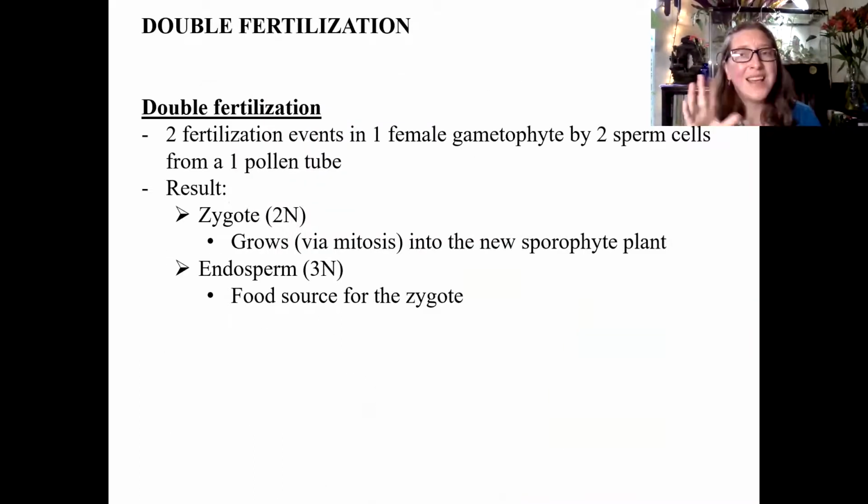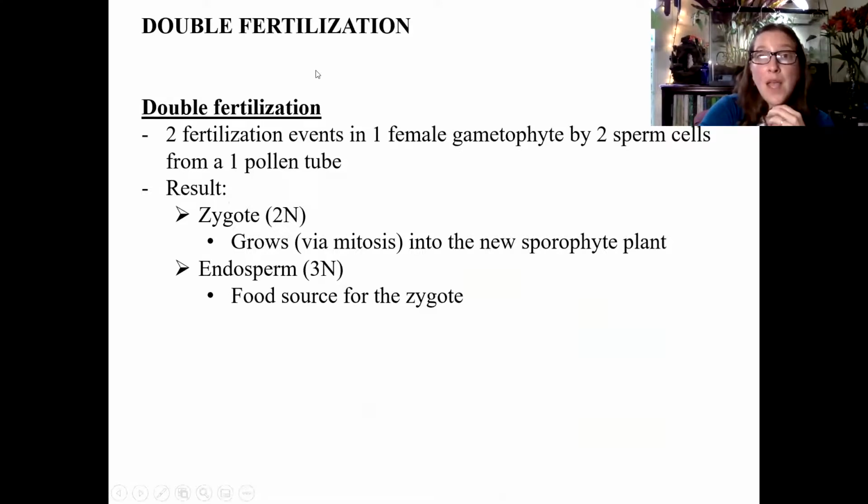As I was saying, things like endosperm, polar nuclei, that might sound scary, but what actually happens from double fertilization? Well, you get a zygote, right? 2N zygote, which we're used to. That 2N zygote's going to grow via mitosis, right? Grow into the new sporophyte plant. It'll grow into an embryo, then it'll grow into a new sporophyte plant. We're used to that.